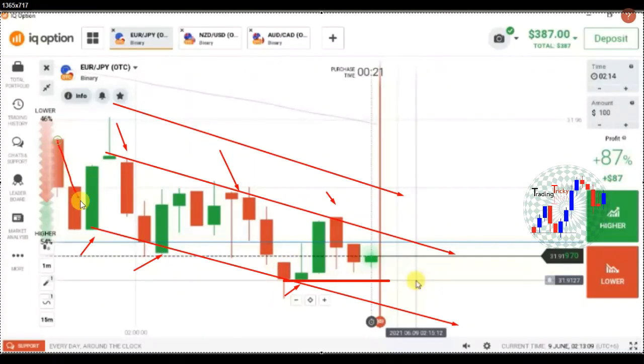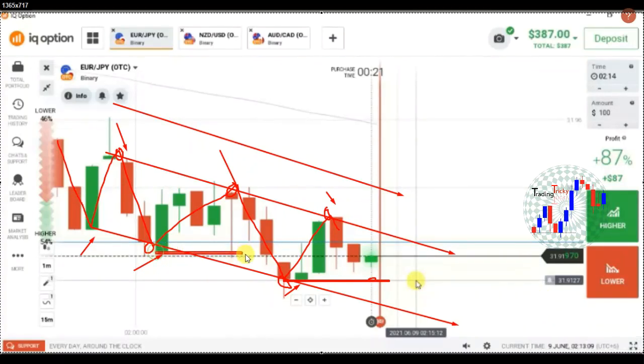If you observe this market movement, every time it is making a new low. Here also it is unable to make a new high, no new high, but every time making a new low. But sometimes we can go with buyers if a strong candle closes here.